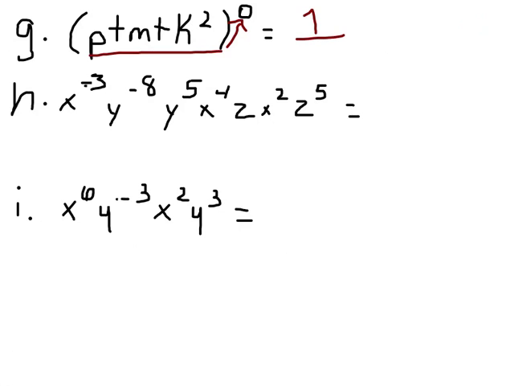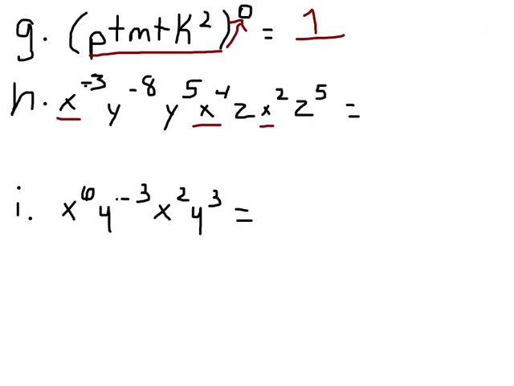All right, now let's solve by combining some of these variables, these exponents, I'm sorry. So let's take our x's first. We have 3 x terms. We have negative 3, positive 4, and positive 2.